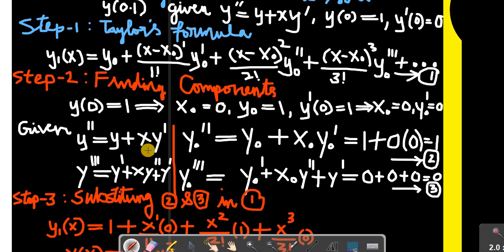Am I correct? So that idea I am using here in these two functions. Okay, d by dx of x y dash. First I am keeping this as a constant, and then I am differentiating this. When I differentiate this, I will get y double dash.